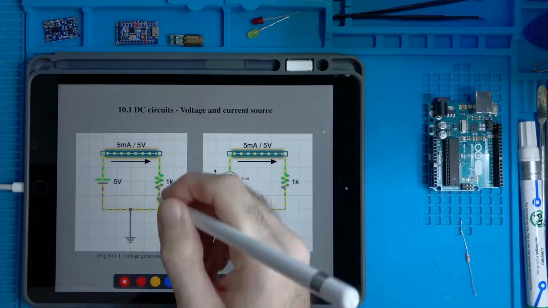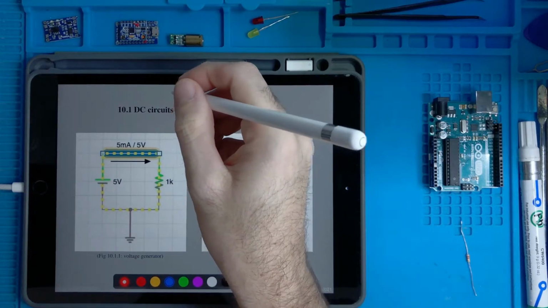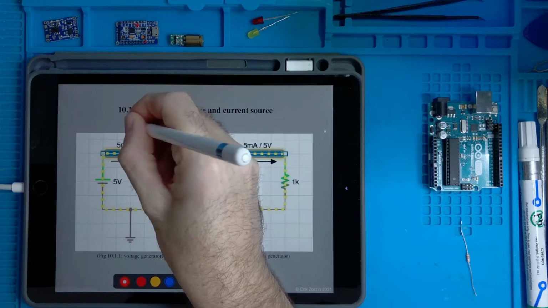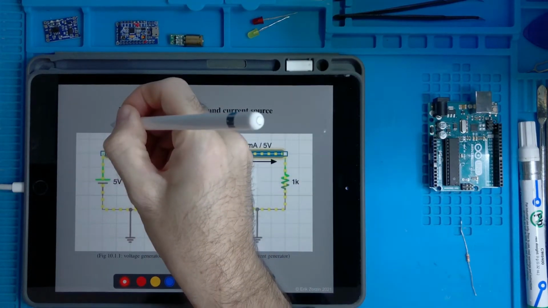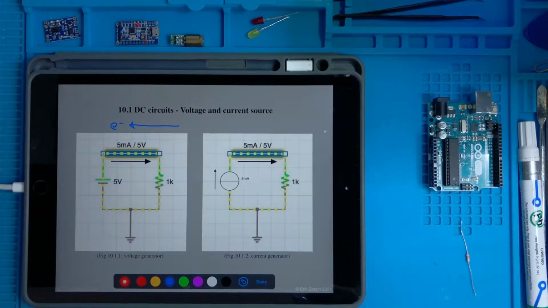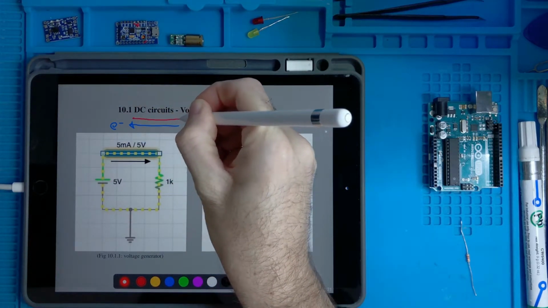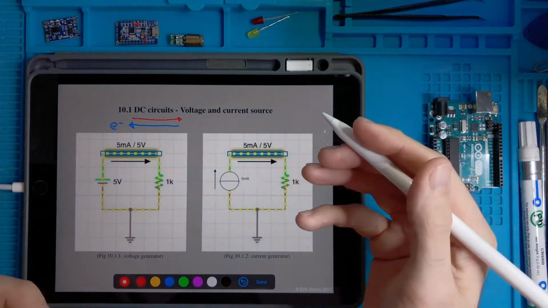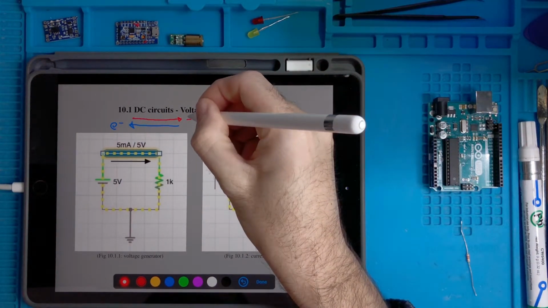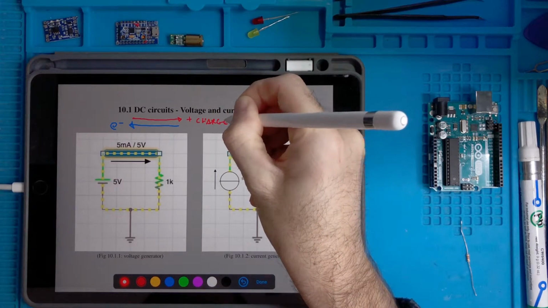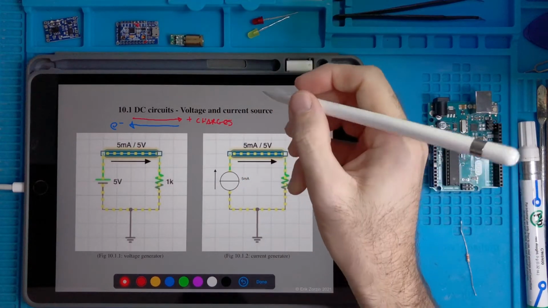So there is a so-called physical current. I draw this current from right to left, which are made of physical electrons moving, but we consider some kind of virtual, let's say, positive charges moving the other way around.